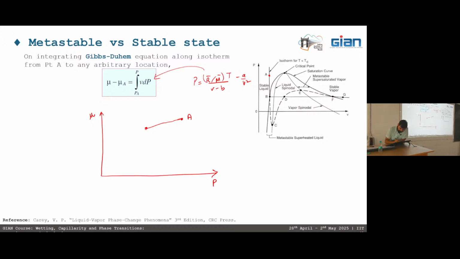Further, until point C, we can see that mu is decreasing. So this is point C, this is your point B. Between point A and B, this region is called stable liquid. Points B and C are still accessible because they are metastable states. So C and B, it is the metastable liquid region.